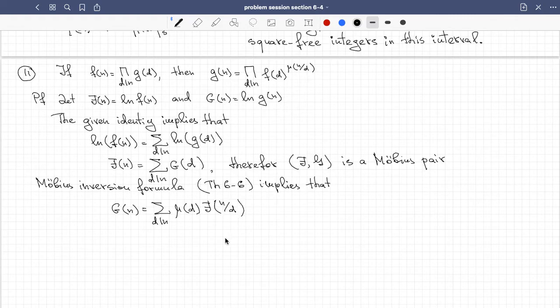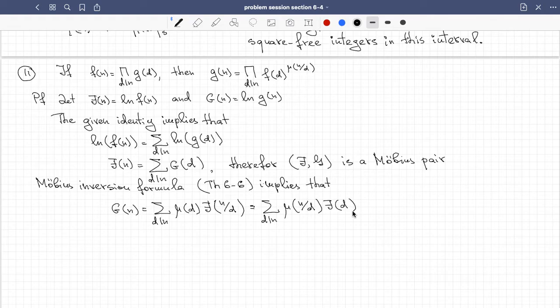We need a little bit different form, and this is about symmetry between d and n over d. This is a complementary pair of divisors of n. Their product is n. So this is the same thing, in fact, as sum over divisors of n of mu of n divided by d times capital F of d.